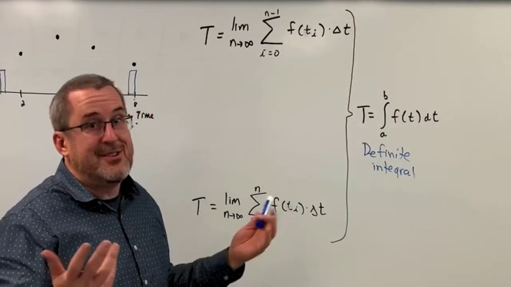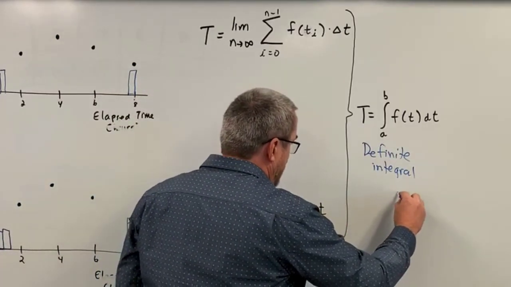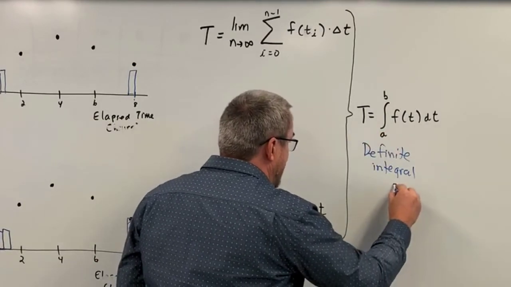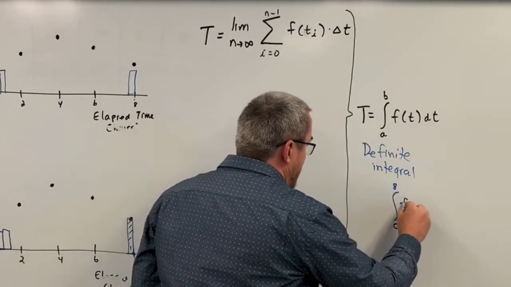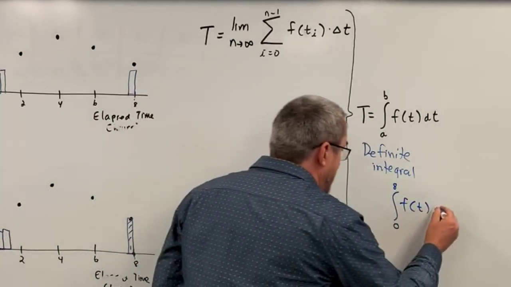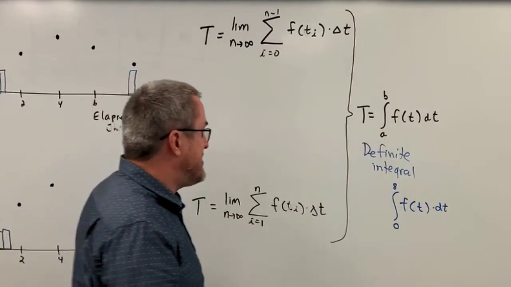Now at this moment, here's the best that we can say. The total amount of snowfall, as represented by this definite integral between 0 and 8 hours, where that function f of t was the rate of snowfall function in inches per hour, and that delta t, those infinitesimal changes in time measured in hours.